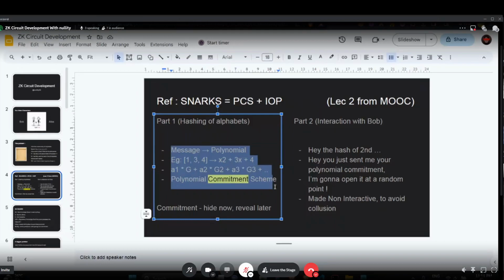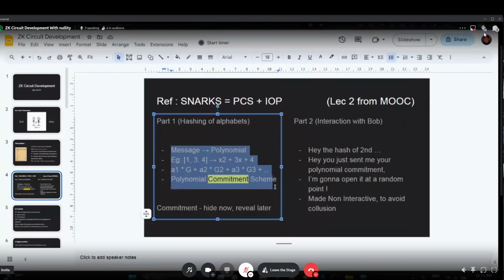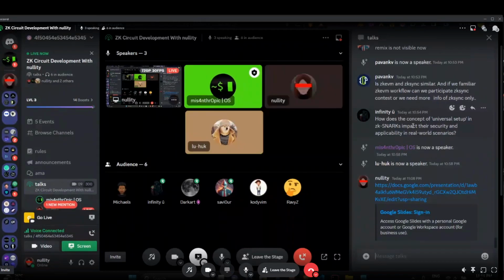So it's extremely important that we randomize our trusted setup process as much as possible. One of the very famous trusted setup processes, which just closed a week ago, was the KZG process from Ethereum. Not sure if you guys participated in that.